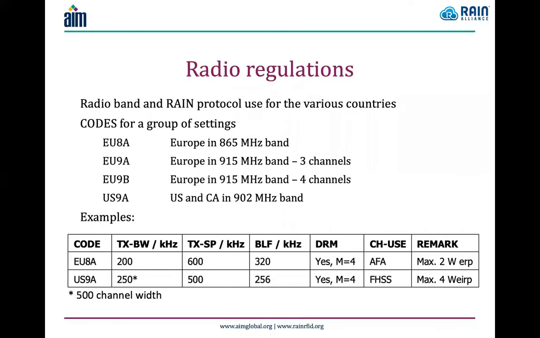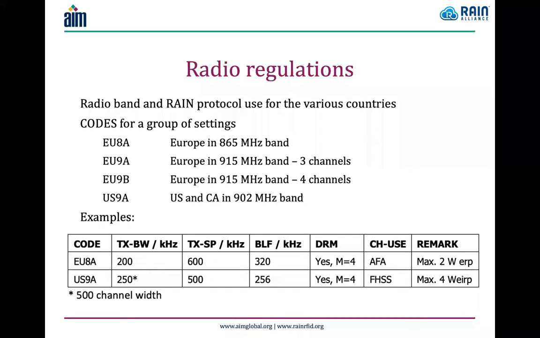And in Europe, U8A is quite straightforward. We have used it for a significant while. Now we have in Europe the U9A and 9B. 9A is for 3 channels, 9B is for 4 channels. If you have followed the discussion in Europe about the 900 megahertz band, basically in the European Union, it was concluded in order to allow some band from 915 to 921 also for railways, that only 3 channels may be used.